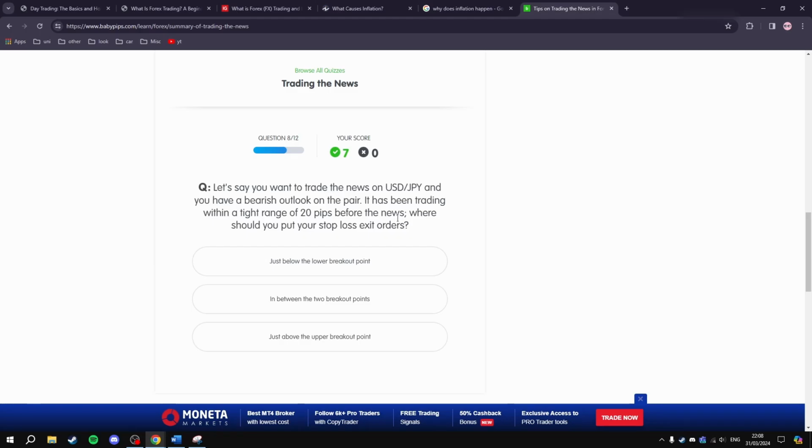You have a bearish outlook, so you want the price to go down. Above the upper breakout points. Let's say you want to trade the NFP reports and are bearish on the dollar, so you want to go down. You want to trade the EUR/USD because it has been trading within a tight range of 20 pips just before the report. Where should you put your entry orders? Just below the lower breakout points.